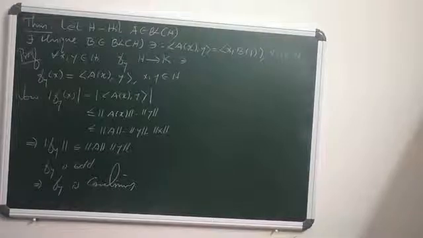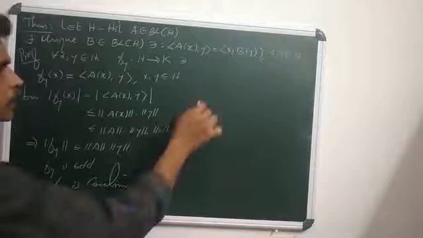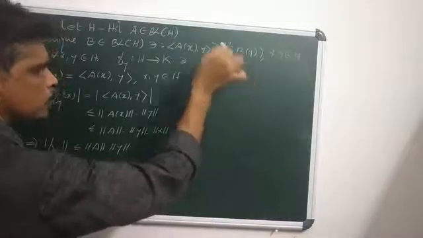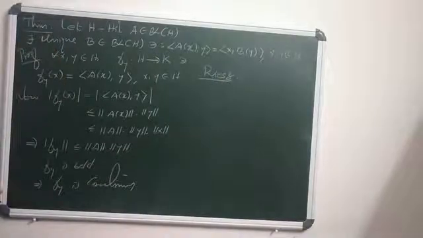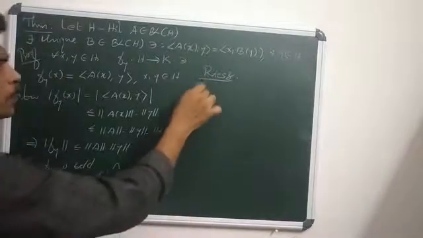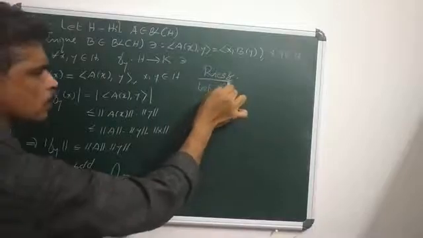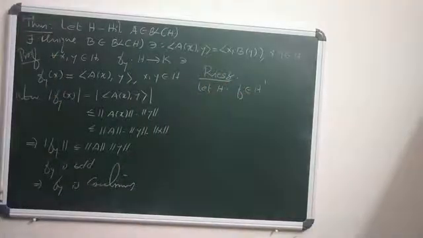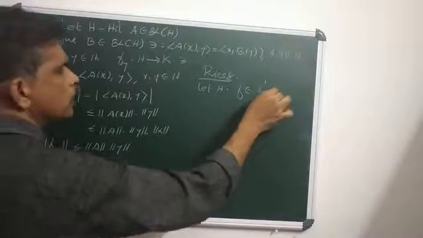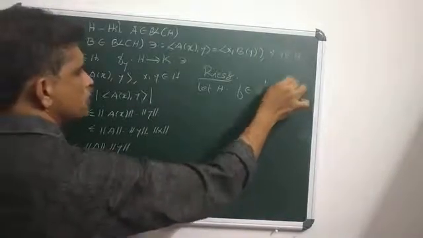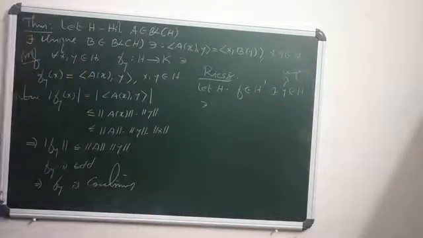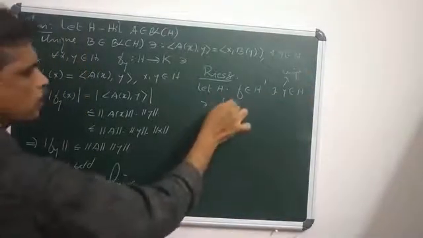Now by the Riesz representation theorem, that's familiar to you. The theorem states: let H be a Hilbert space, and F in H dash. Then there exists a unique y in H such that F of x equals the inner product of x with y.